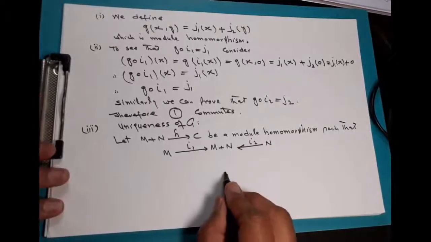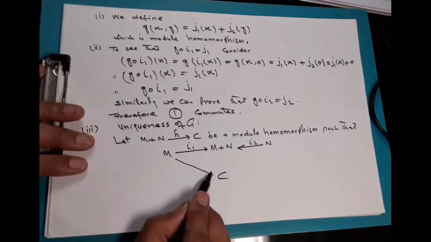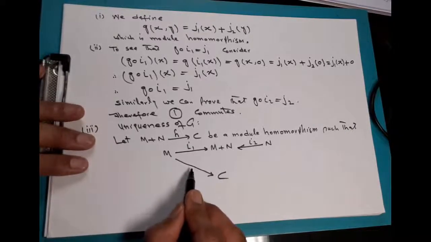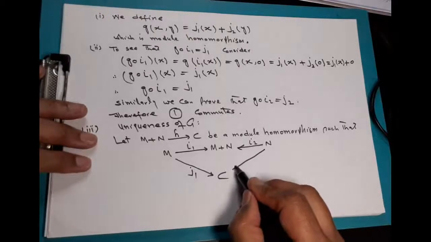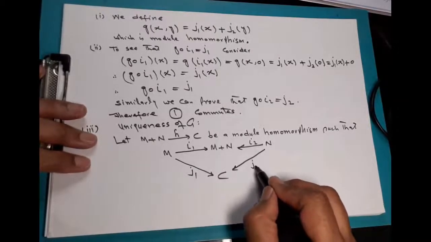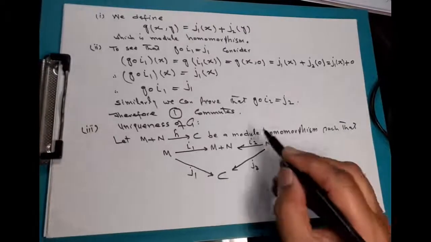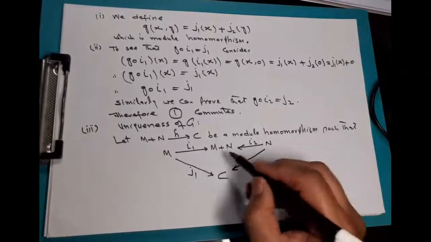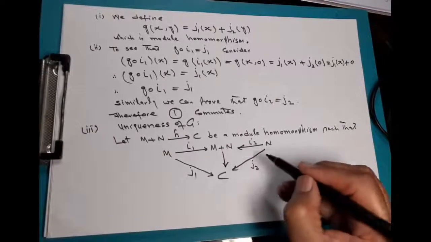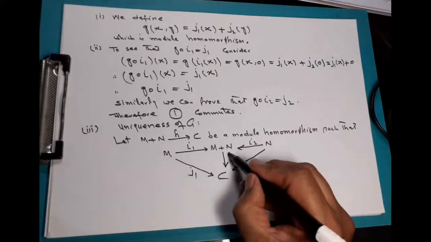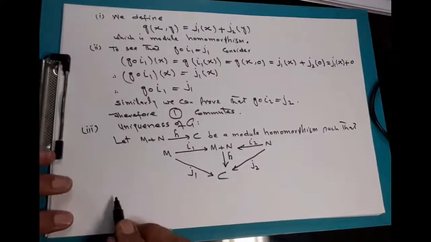and this is another diagram. M to C we denoted by J1, and from N to C we denoted by J2. And suppose that there is a module homomorphism from M plus N into C, which we denote by H, such that this diagram commutes.